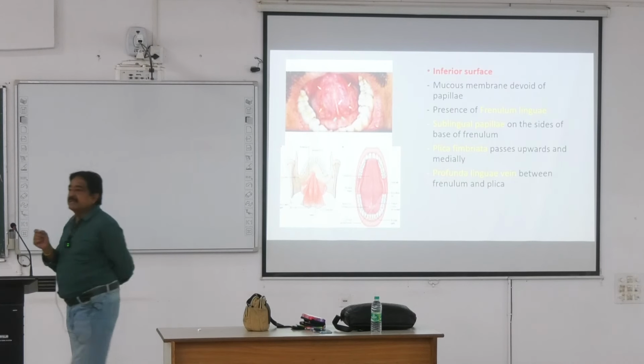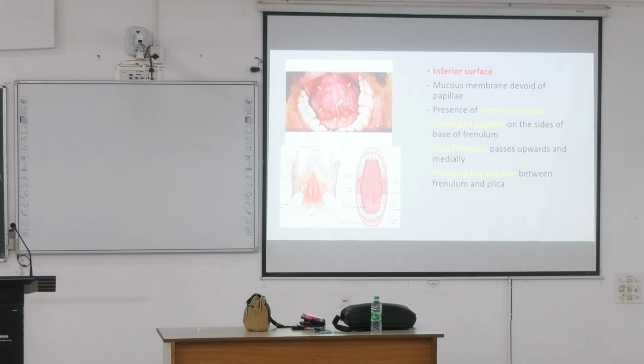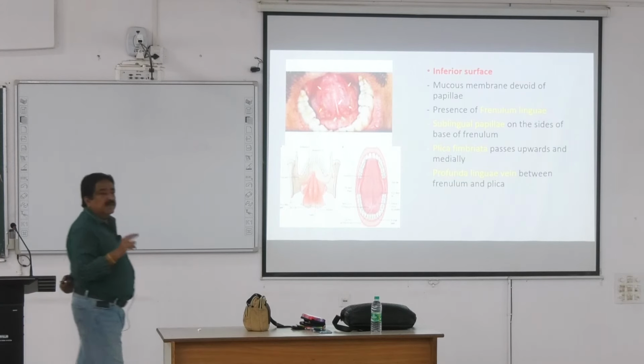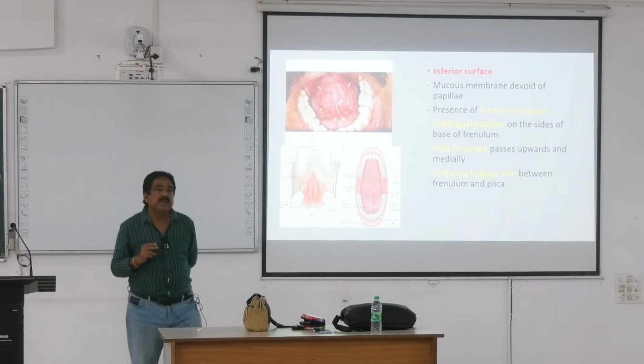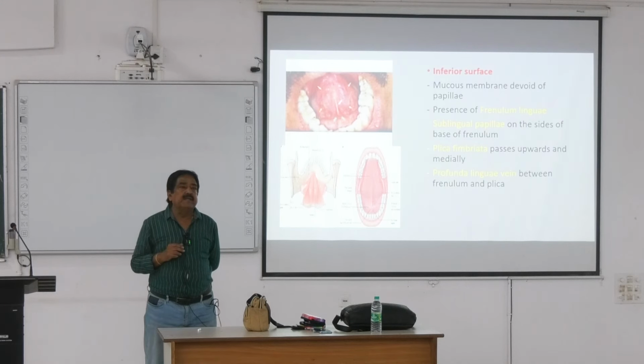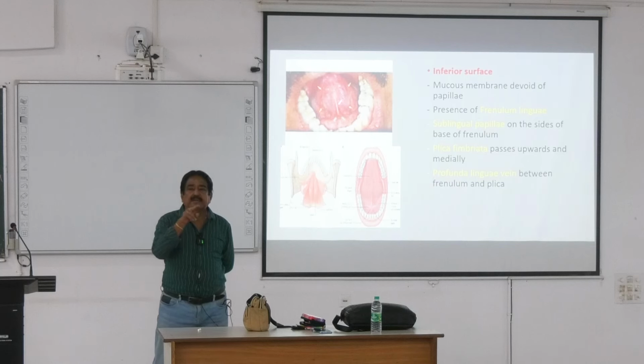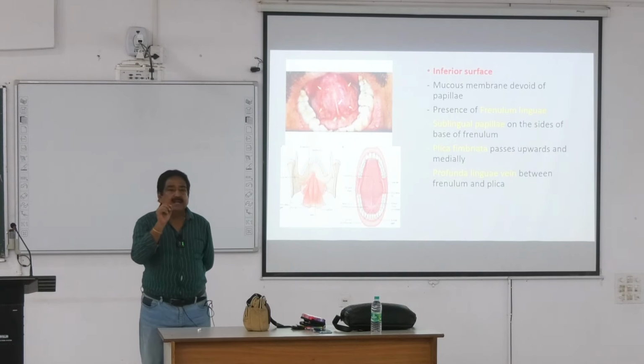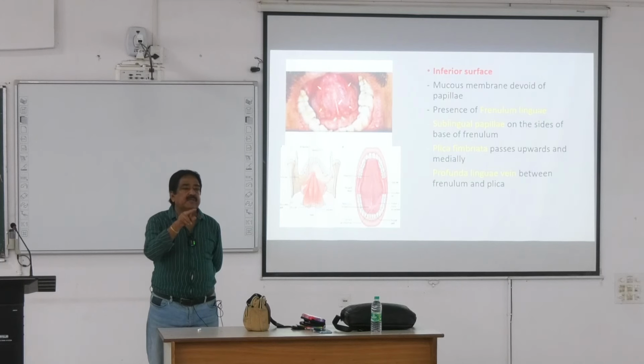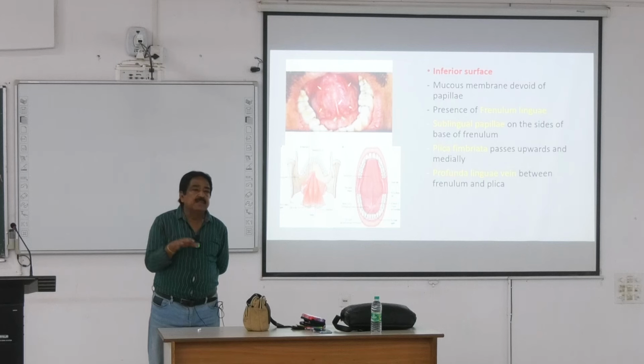That is a congenital defect. So this frenulum has to be operated, and if it's a small tongue tie, then you just do a frenulectomy. Now this domain has gone to the dentist. Previously, general surgeons used to do all this.